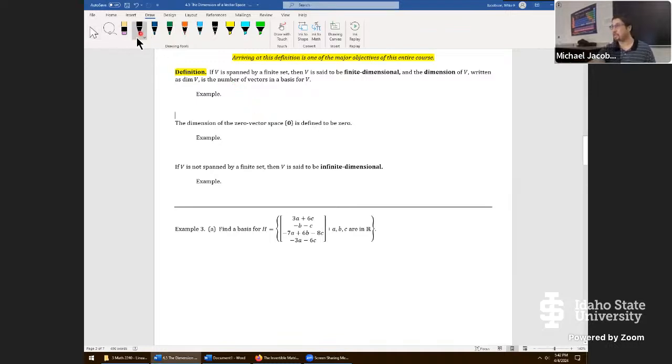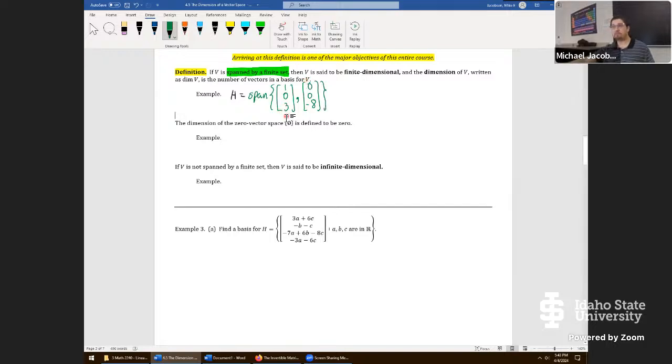So let's put down an example to illustrate. We put down, say, H equals, we want it to be spanned by a finite set. So we might say H equals span of (1, 0, 3) and (0, 0, -8), so just a random set that we're spanning, 2 vectors.